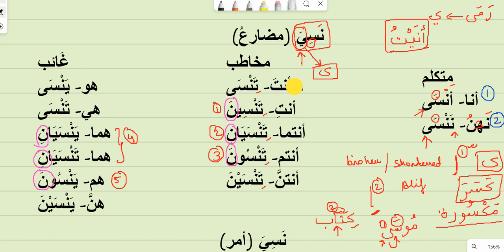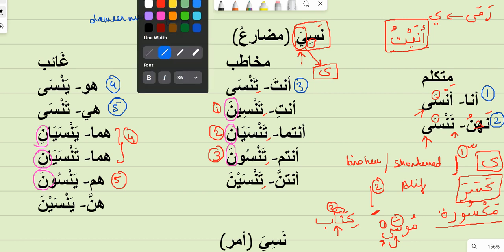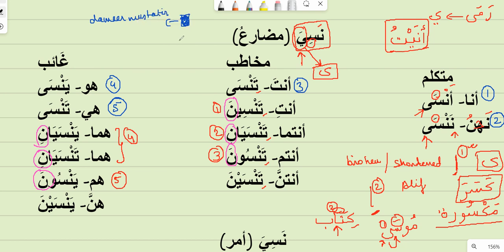Number 3, we have 5 damir mustatir here. 1 for ana, second for nahnu, third for anta, fourth for huwa, and fifth for hiya. So the blue color is for damir mustatir, the hidden damirs.